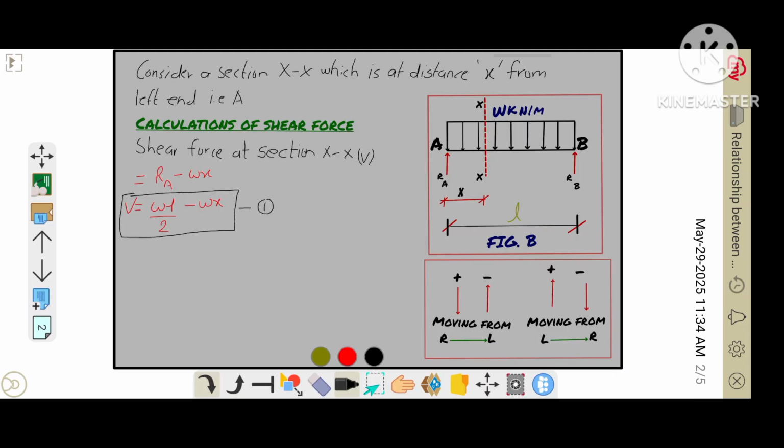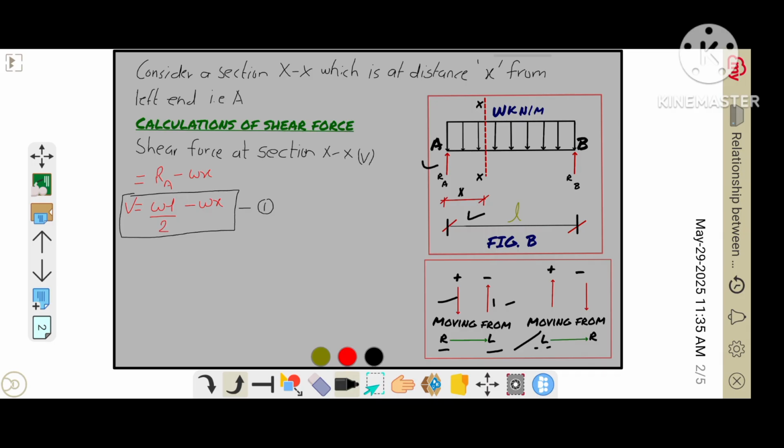Now, let us consider a section XX at distance x from the left end, that is from point A. The sign convention for the calculation of shear force is shown in this figure. As we move from right to left on the beam, all the downward forces are taken as positive and all the upward forces are taken as negative.